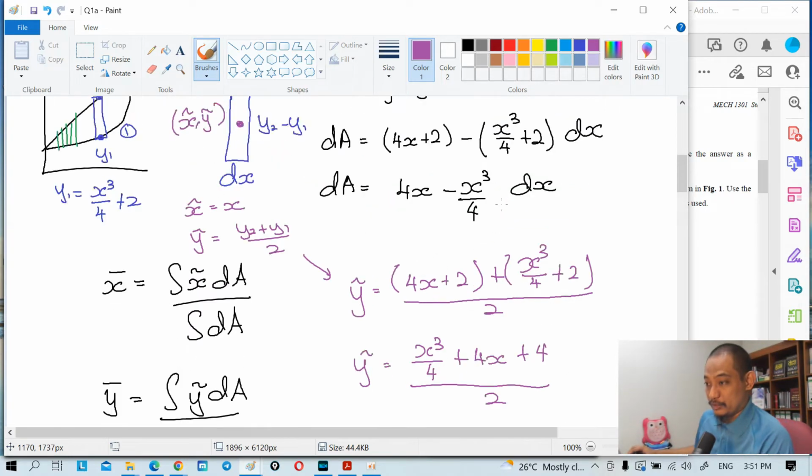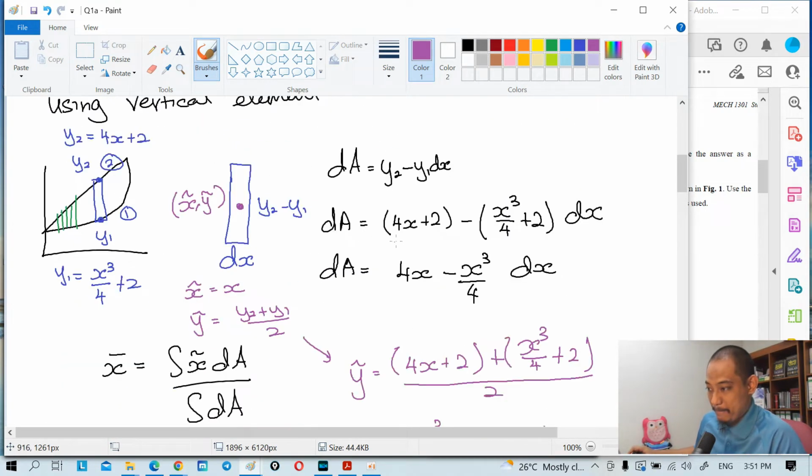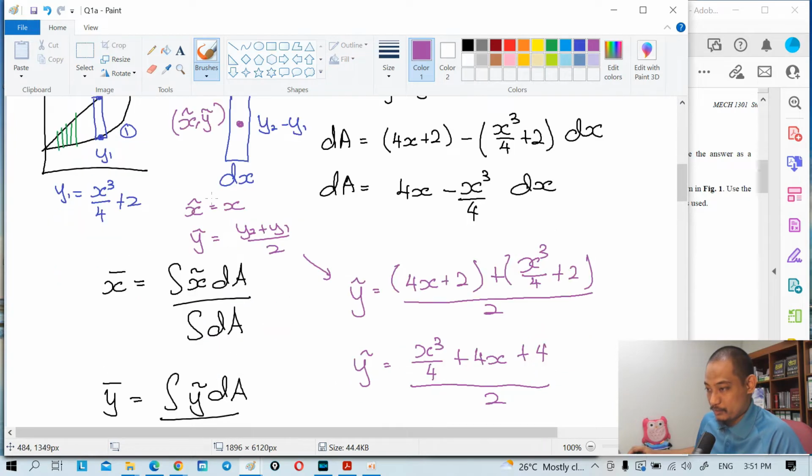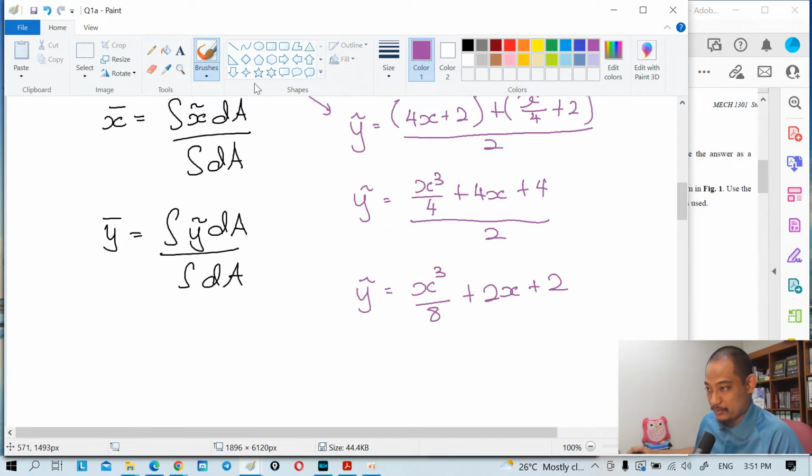Okay, so for the element, we have dA, we have x tilde and y tilde, and we have the equation already.